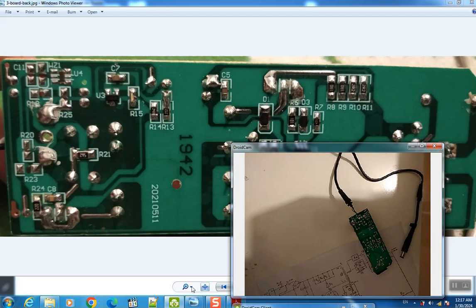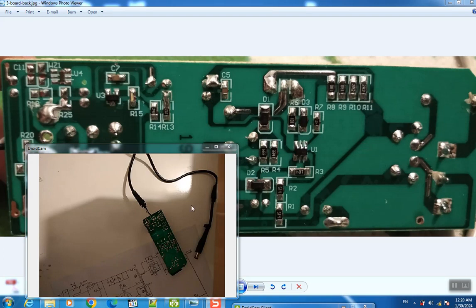Or by finding 431 on the board, you can easily identify pin number 1, pin number 2, and pin number 3.